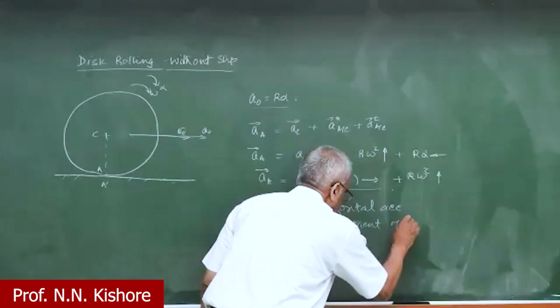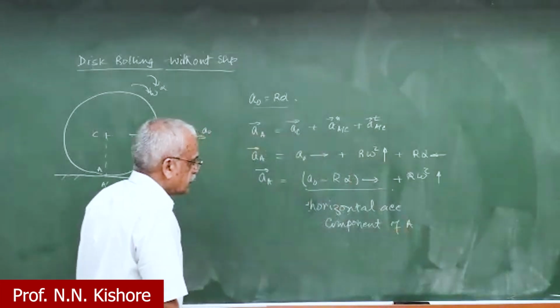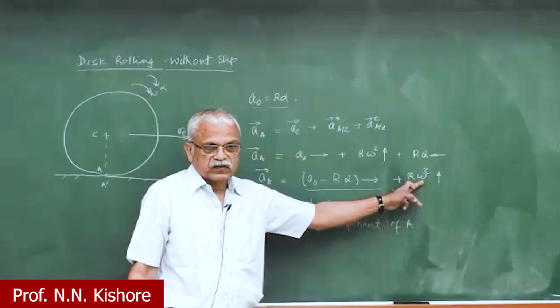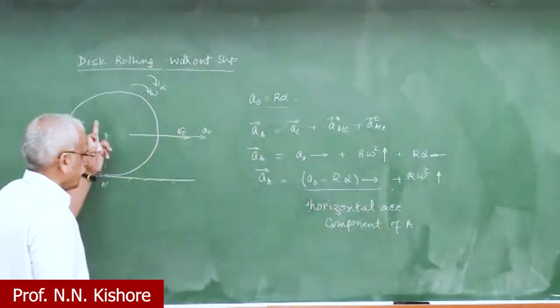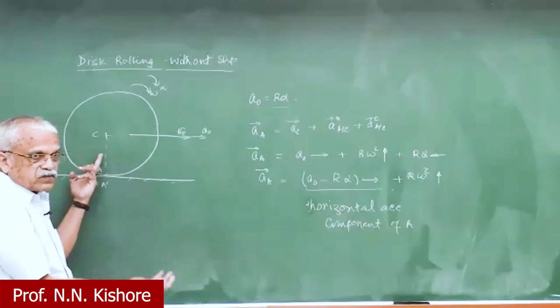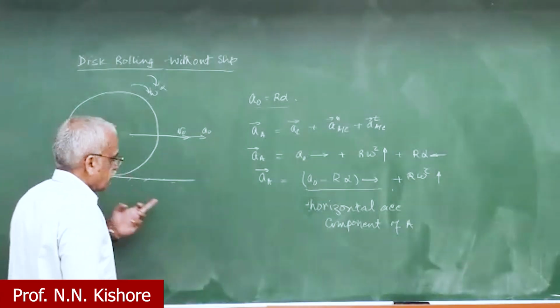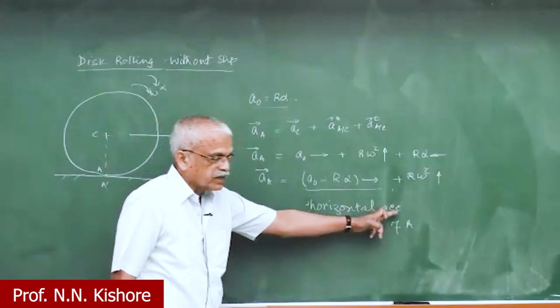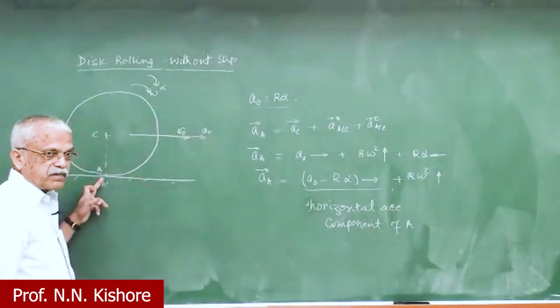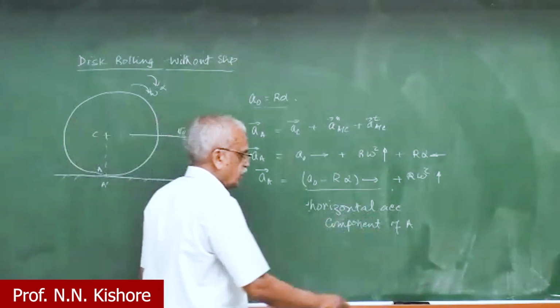of A. However, we don't have any issue with R omega square because that's in the normal direction. If it wants to leave, we have no objection to that. But only the horizontal acceleration component of A should be the same as A prime, and that should be 0 here.